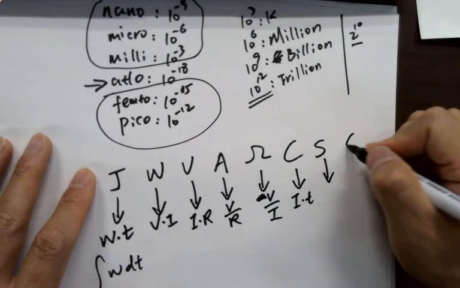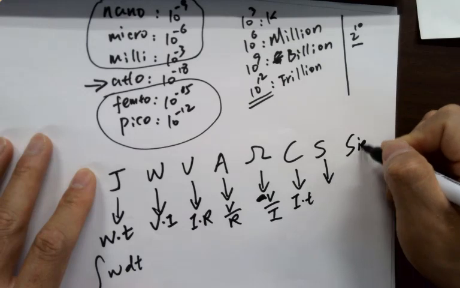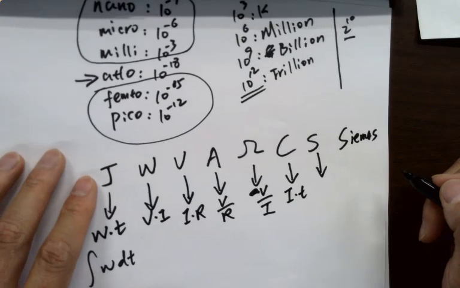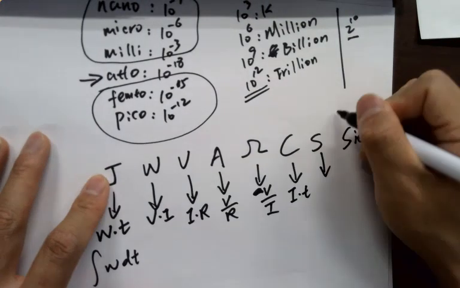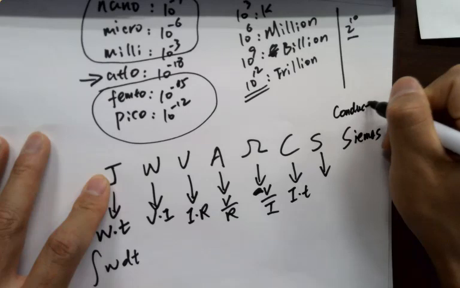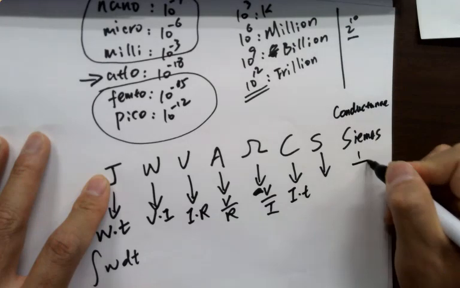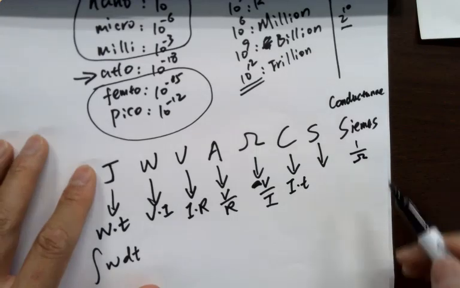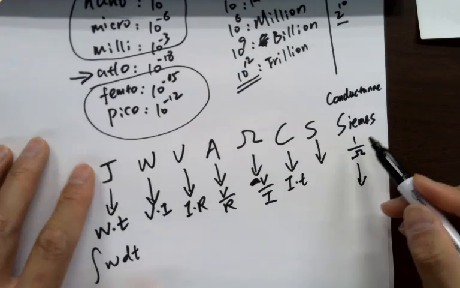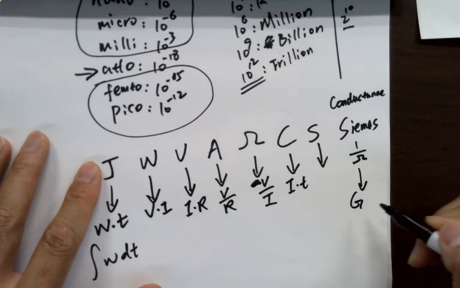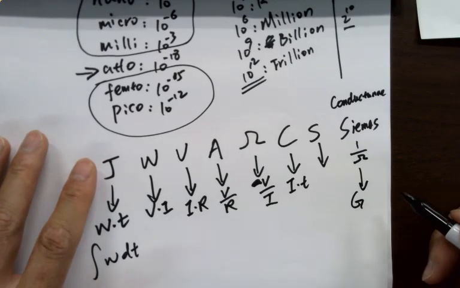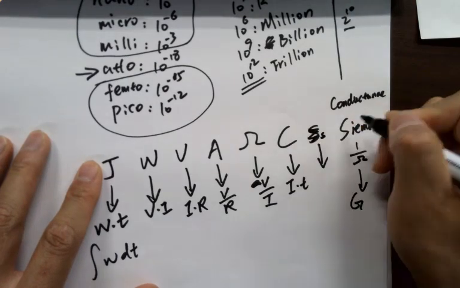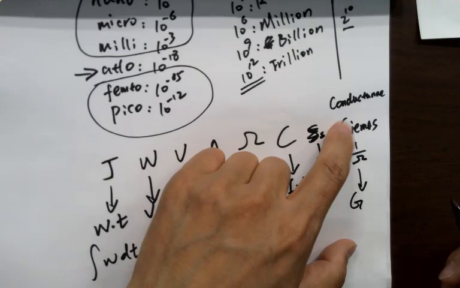Oh, there's another one called Siemens. It's conductance. It's simple. It's just 1 over ohms. You will see this as G, I think, or S. S is the unit, so this will be a lowercase s, and this will be an uppercase S, I think.